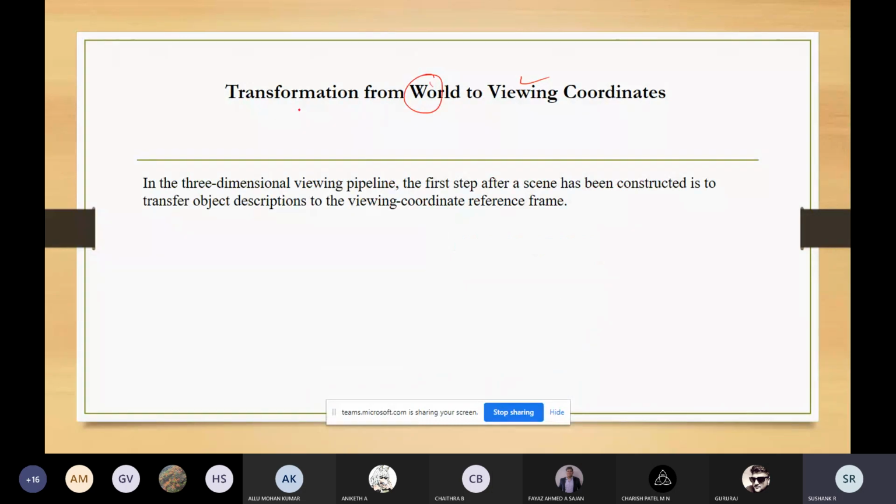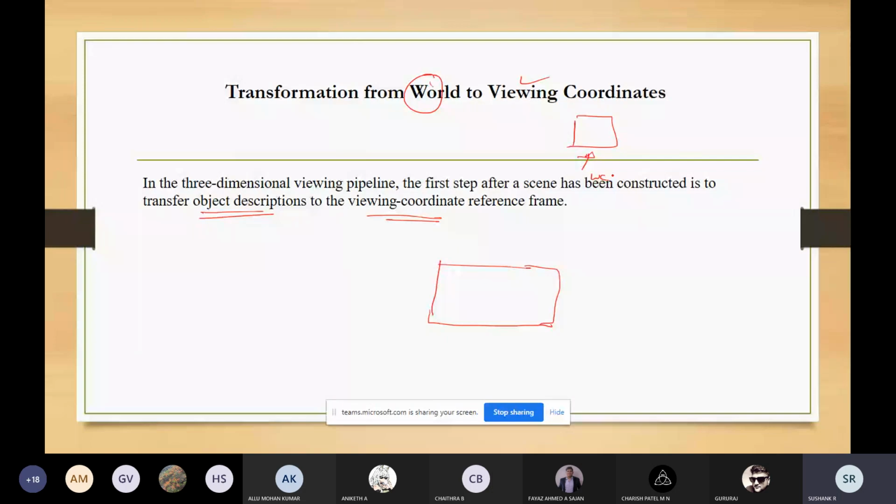So now we are going to talk about the transformation from the world to the viewing coordinate system. You can see this in the three-dimensional viewing pipeline. The first step after the scene has been constructed is to transfer the object description to the viewing coordinate reference frame. If you assume this as the viewing coordinate reference frame, we studied these frames in the previous module, and this will be the world coordinate reference frame.